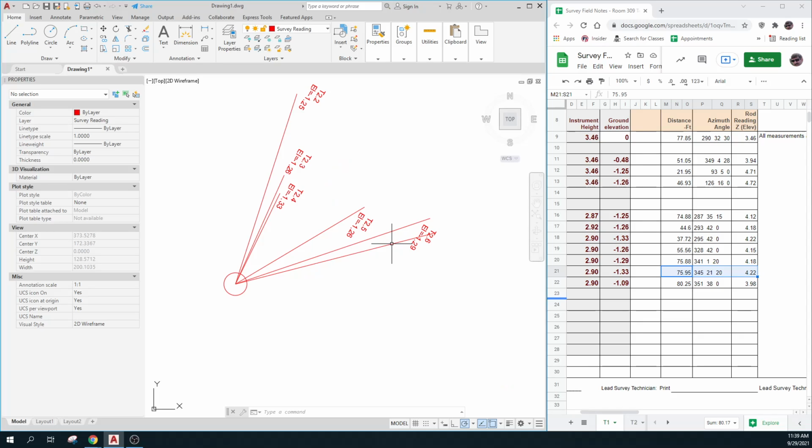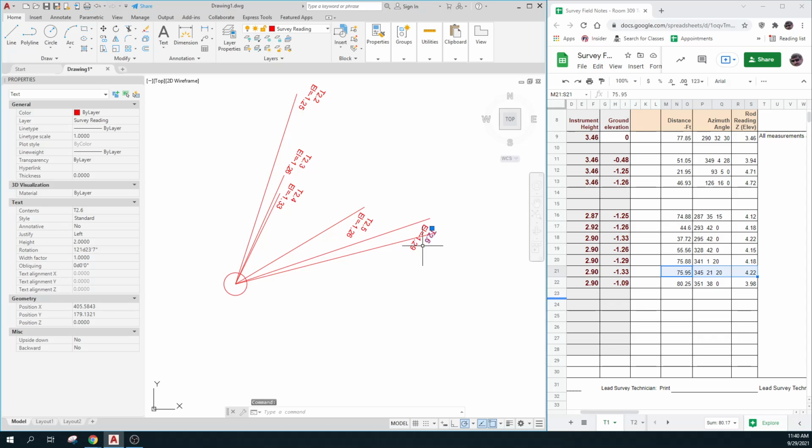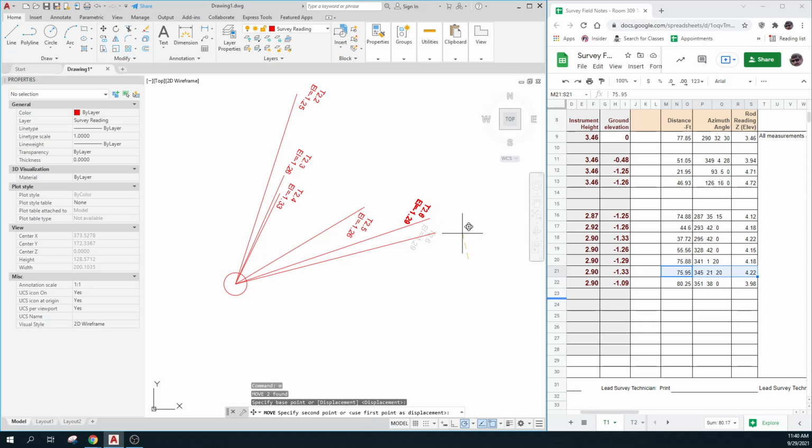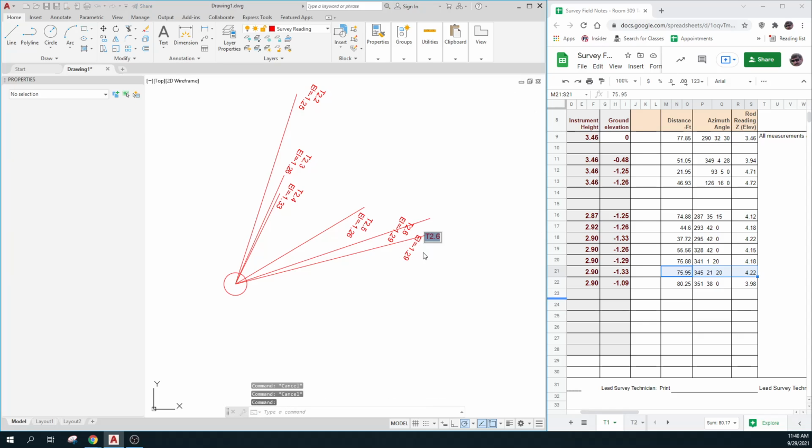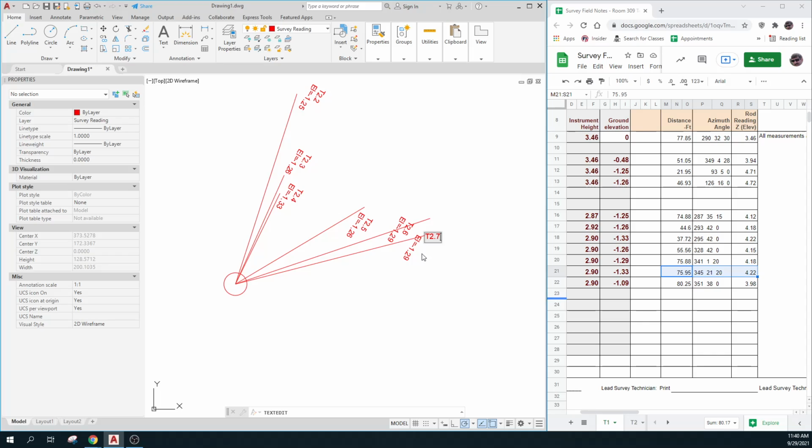That was the little square that's out there, right? And I'm just trying to put it in somewhere where I can go back and reference it later on. And that was 2.7, and its elevation was minus 1.33.